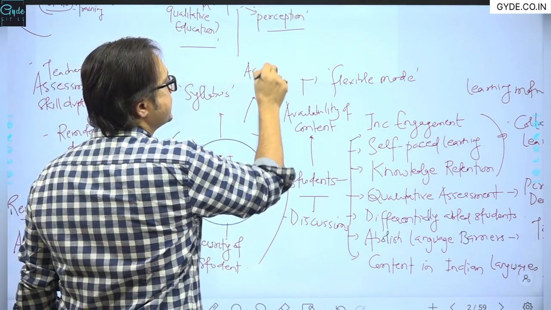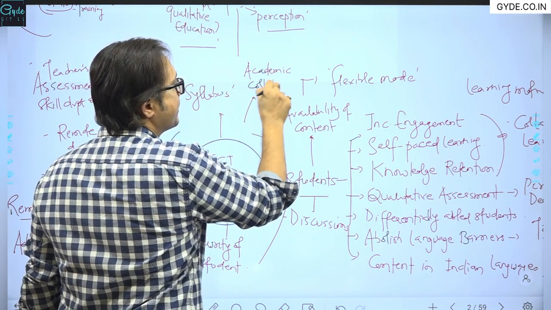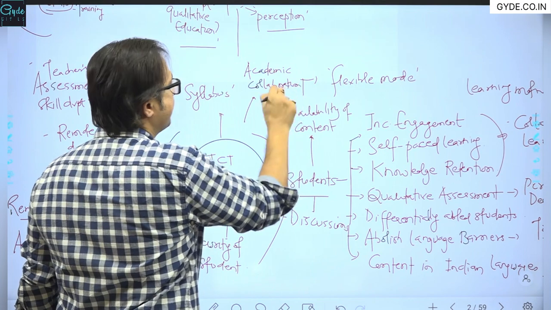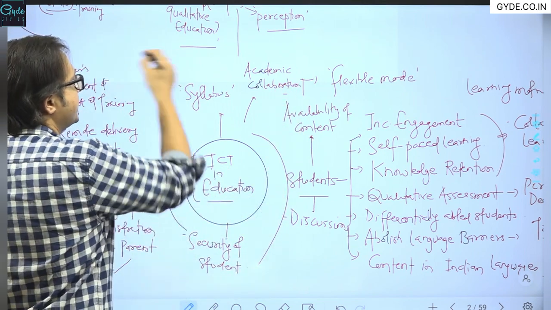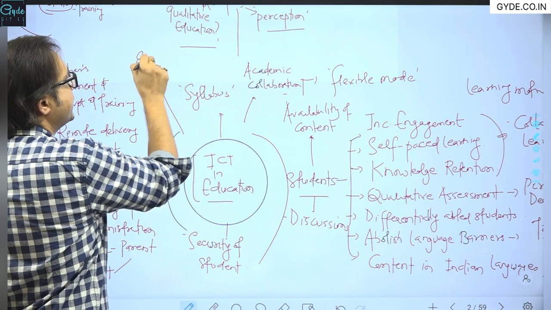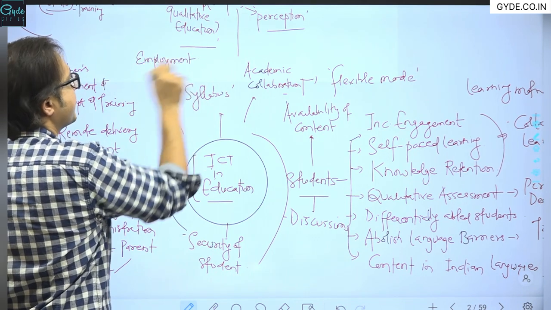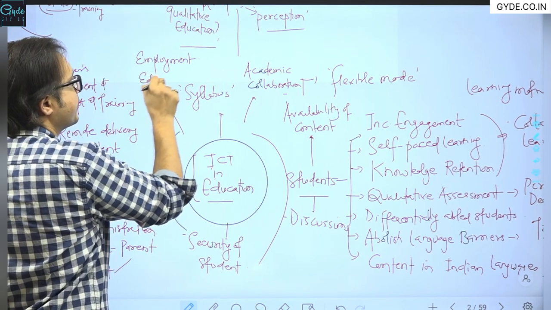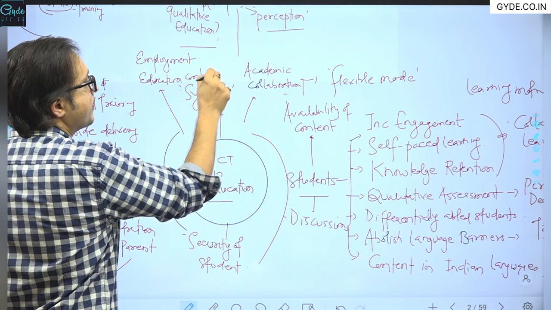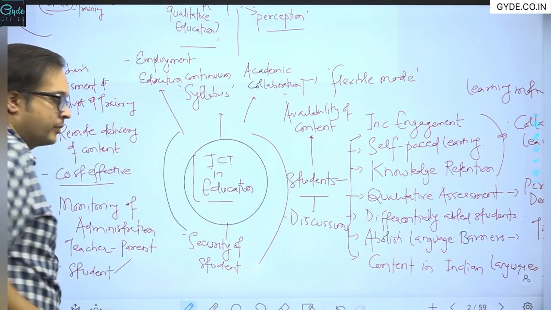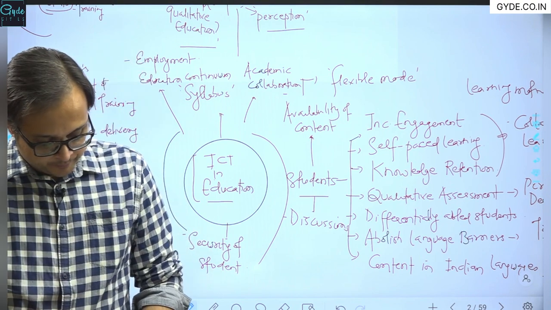Academic collaboration can be easy, right? Then the employment and education continuum can be created, which is also one advantage that can be driven, right?